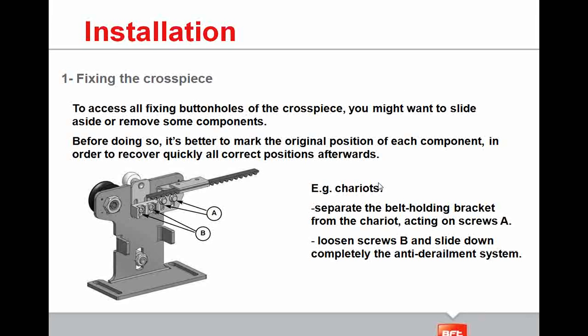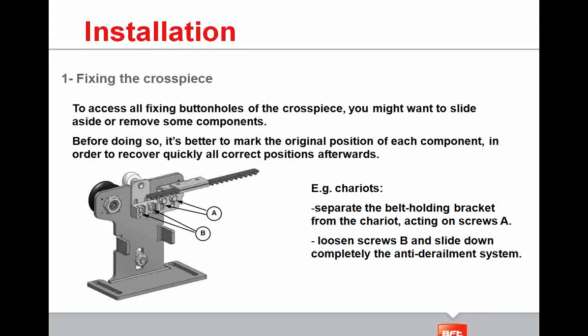Okay, we will try to follow some steps of the installation. For example, the first step is fixing the crosspiece. To access all the fixing bolts of the crosspiece, you must slide and remove some components. So before doing this, it is better to mark the correct position of each component.